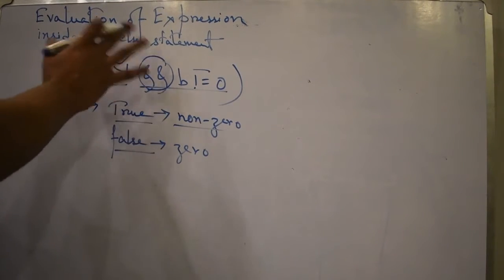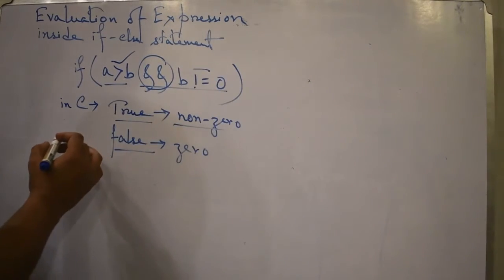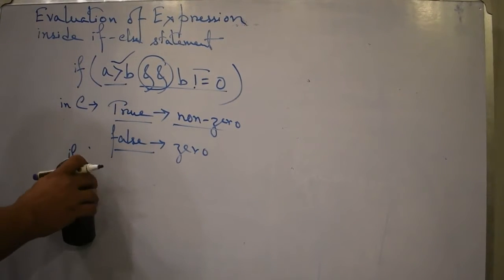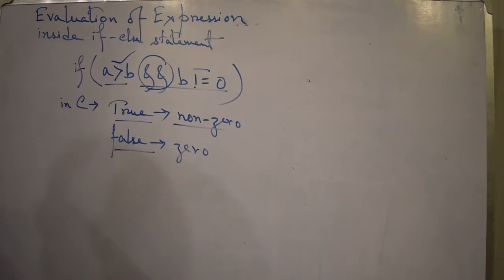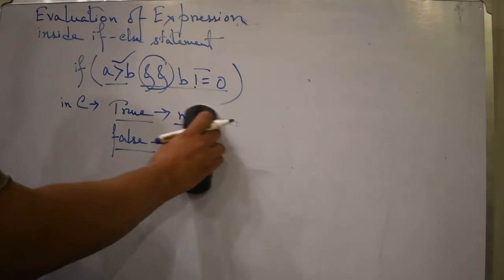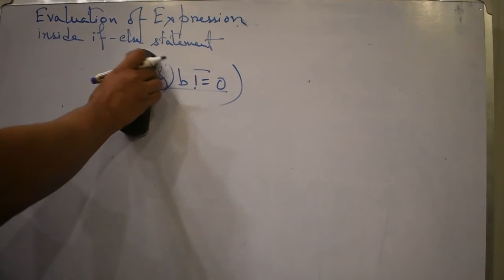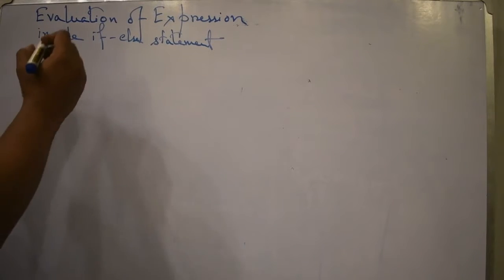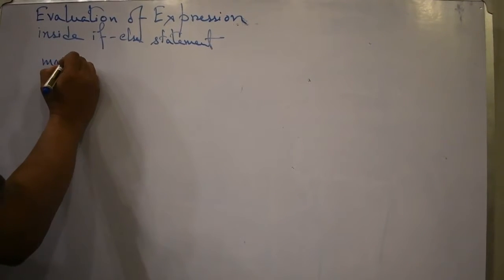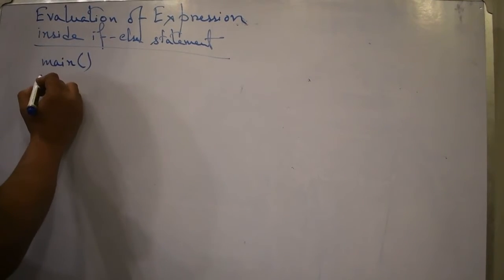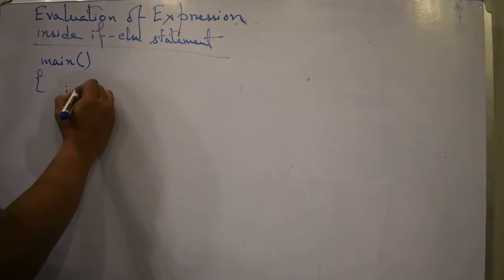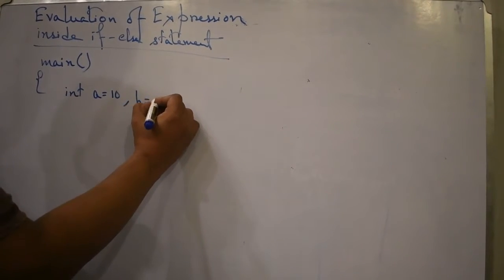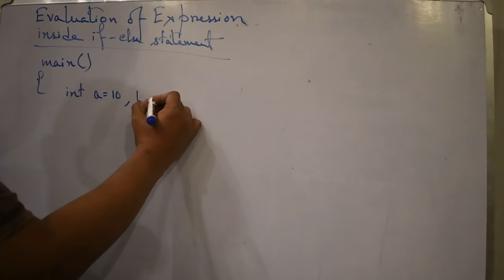Now let us consider this example. main, int a equals 10, b equals 20.